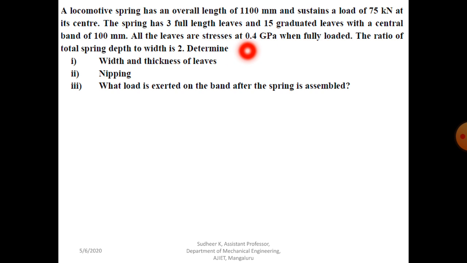All the leaves are stressed at 0.4 GPa when fully loaded. The ratio of total spring depth to width is 2. Determine the width and thickness of the leaves, second, the nipping, and third, the load exerted on the band after the spring is assembled. So this is one of the important problems.